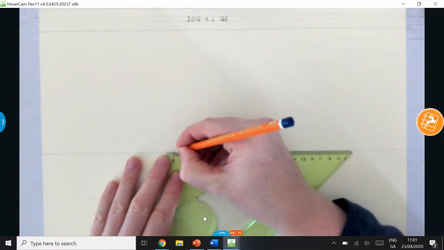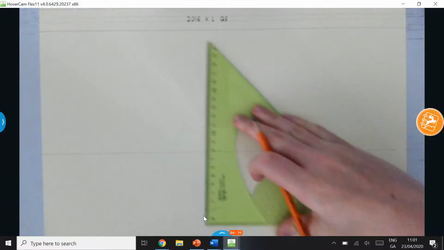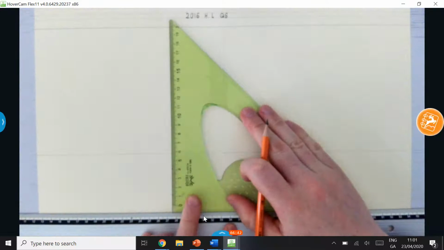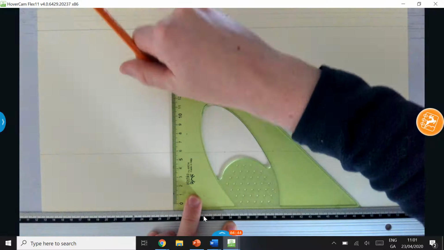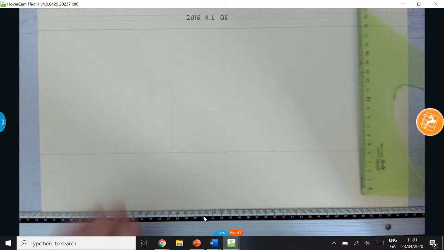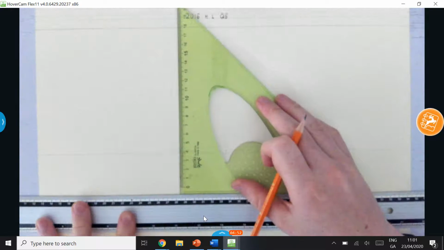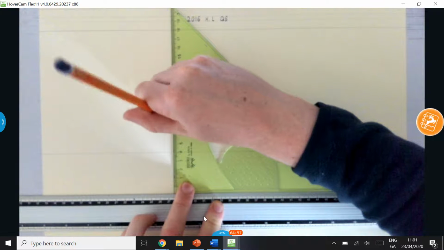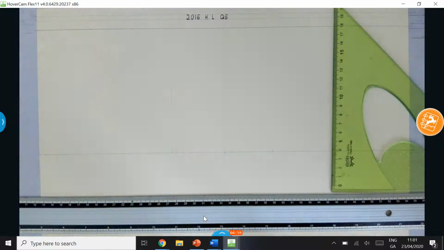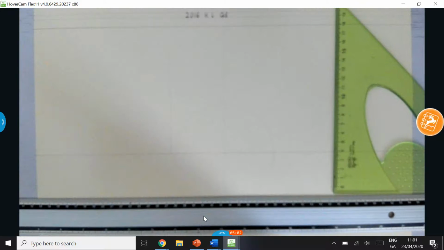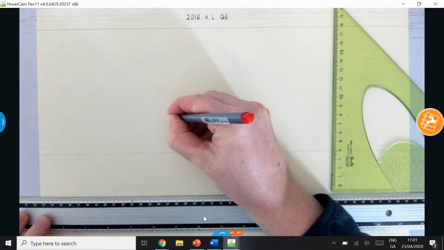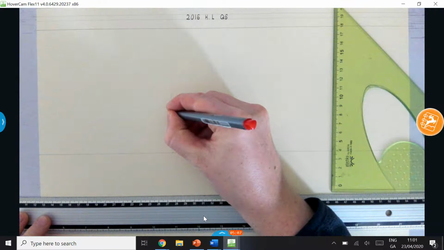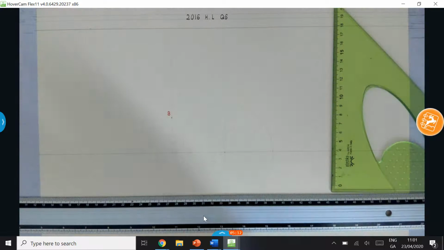So across 60, and I'm going to draw a vertical line up from that point, construction, and then we said we're going to go up 40, so measure up then 40. Okay, and that is point B.